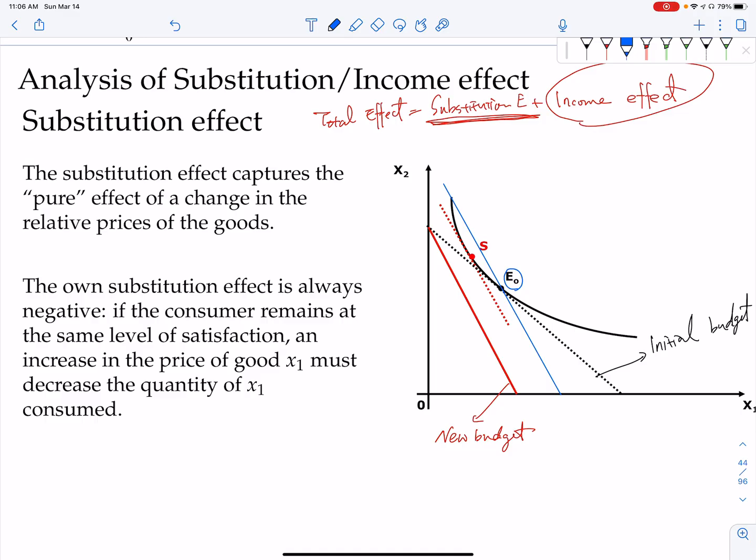But another way to look at it is that I draw this line here. That means I can enjoy the previous utility, so in that sense there is also no change in the purchasing power. So it's not clear which line to use to describe the substitution effect.